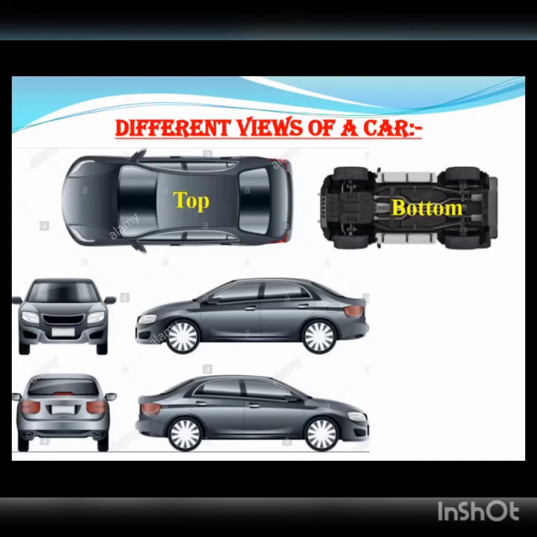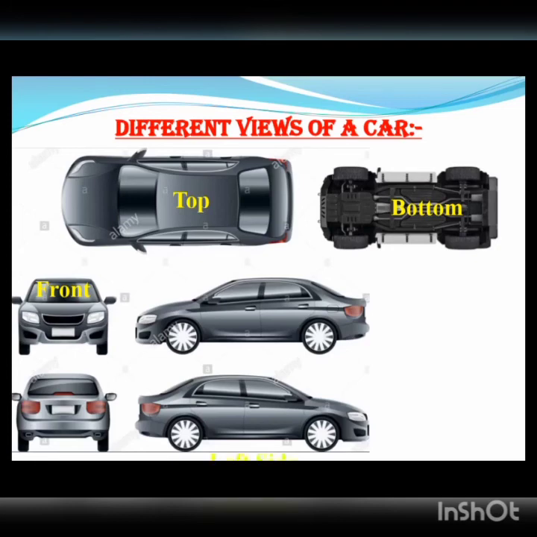Now for the third picture. Yes, it is too easy. Very good. It represents the front view of a car. Now next one. Yeah, it is clear that this represents the side view. But from which side? Left or right? Just think about the position of a driver. Yes, it's a left side of the driver.